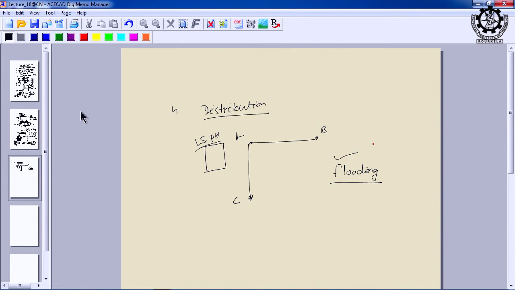Finally, once this is flooded, the link state packet of A, LS of A, arrives at B and LS of A arrives at C. Now, they update their routing tables to find the best path to the other nodes of the subnet.